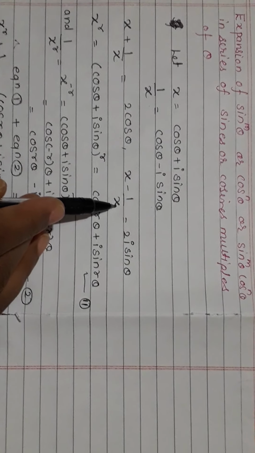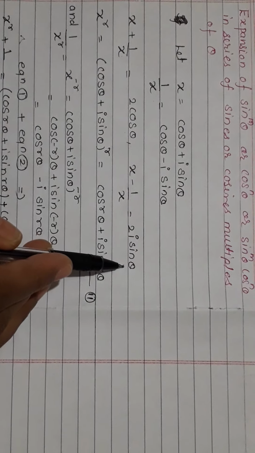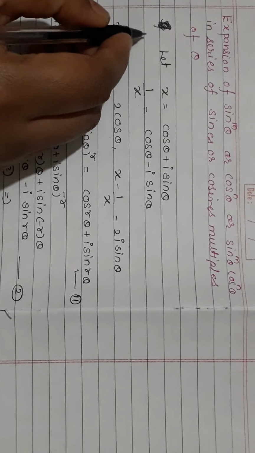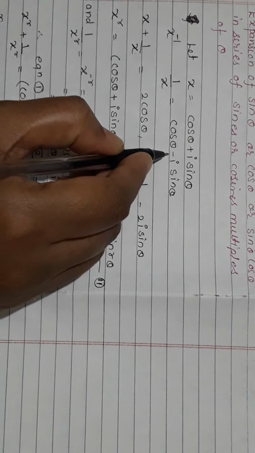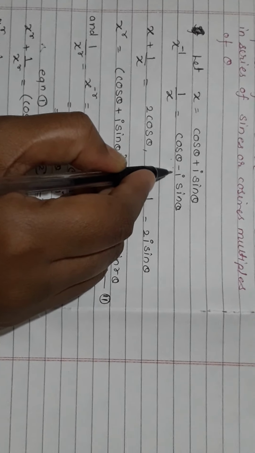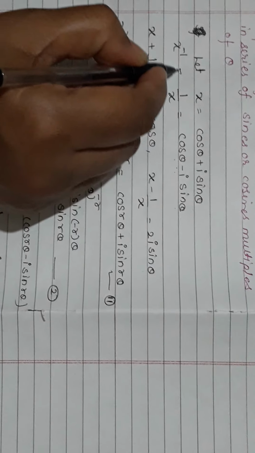And x minus 1 by x is equal to 2i sin theta. As x is equal to this, 1 by x is nothing but x raised to the power minus 1. So the power becomes minus 1, and therefore that sign becomes a minus: cos theta minus i sin theta.